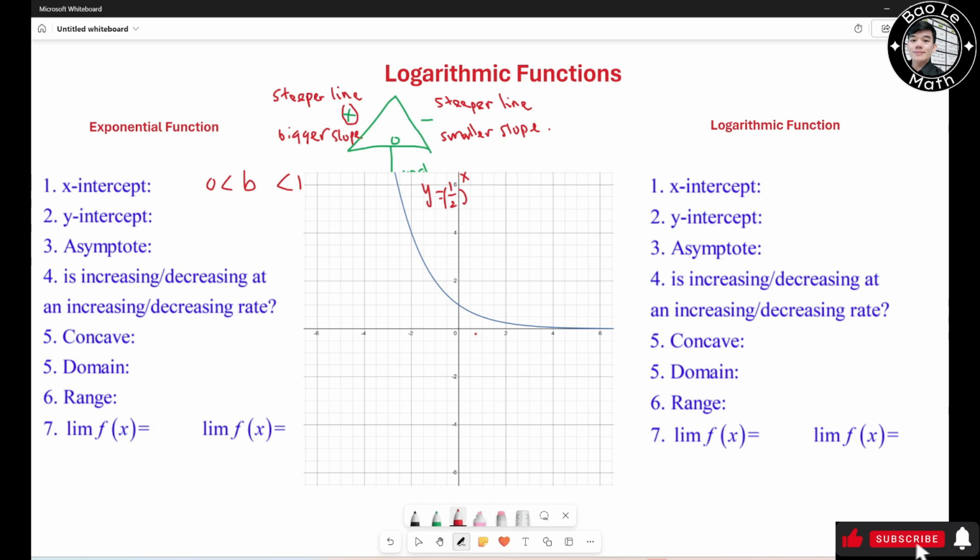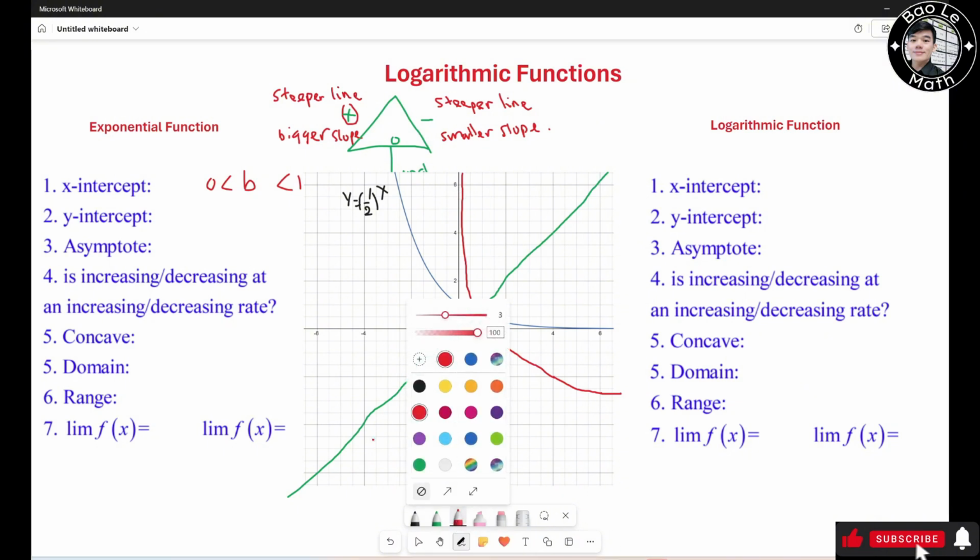Now I need to get the inverse of this exponential function, so it should be a logarithmic function. I need to draw the line y equals x, and exponential functions and logarithmic functions reflect over the line y equals x. So this is the logarithmic function.